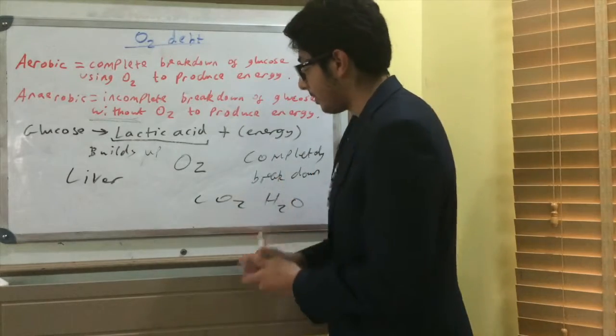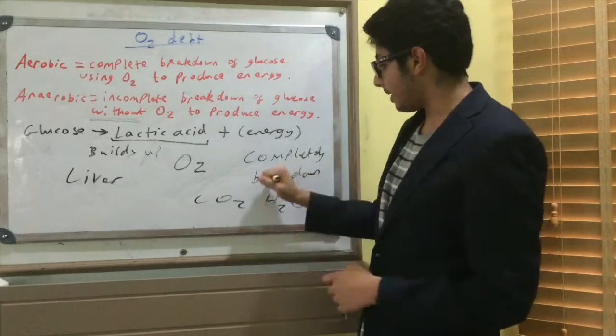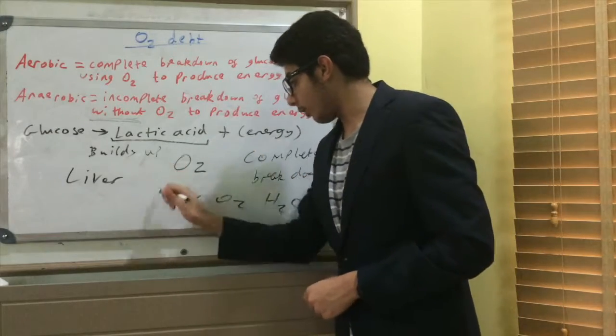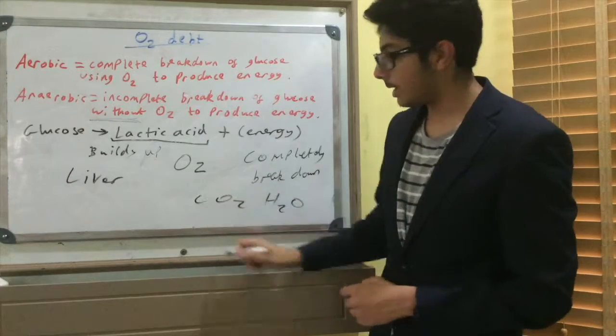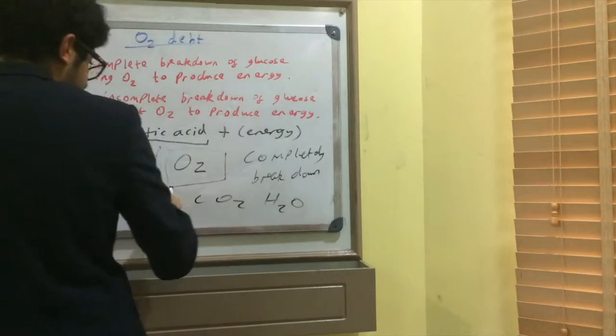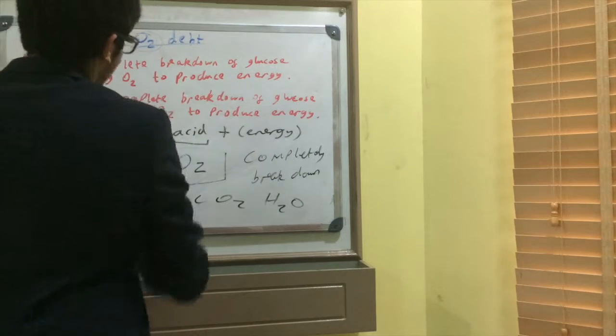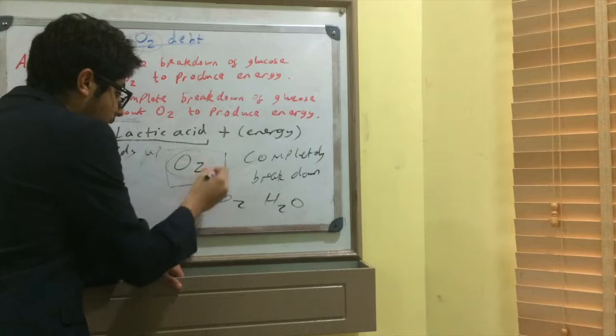So, just to recap, extra oxygen is taken into the body to completely break down lactic acid in the liver by aerobic respiration to produce carbon dioxide and water. Now, without oxygen, oxygen debt cannot happen. It's in the name. You cannot break down lactic acid completely without the oxygen.